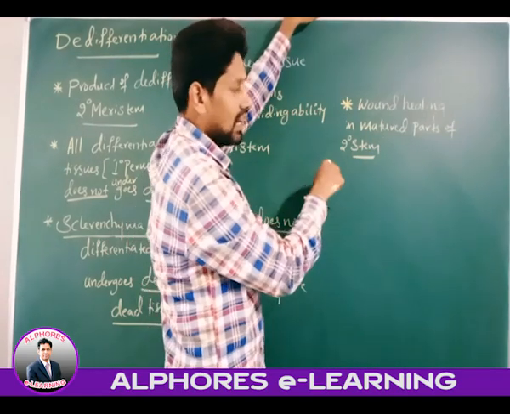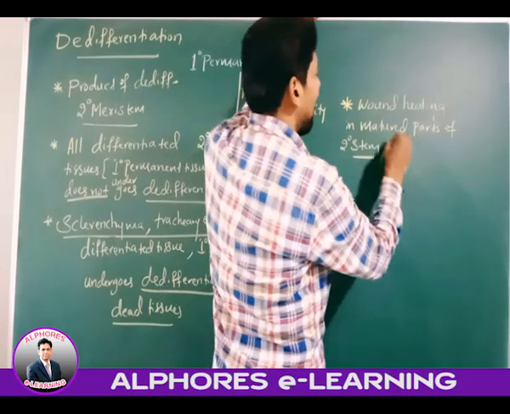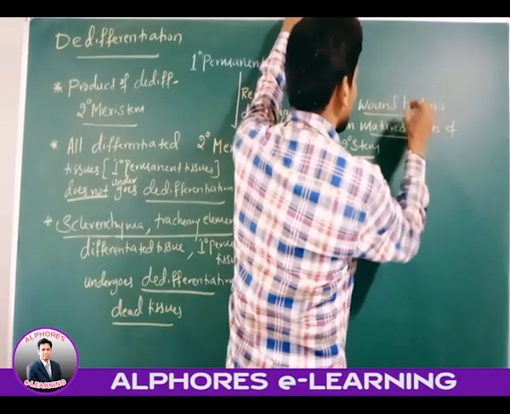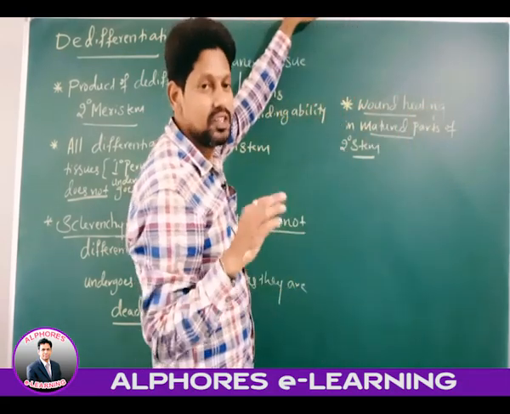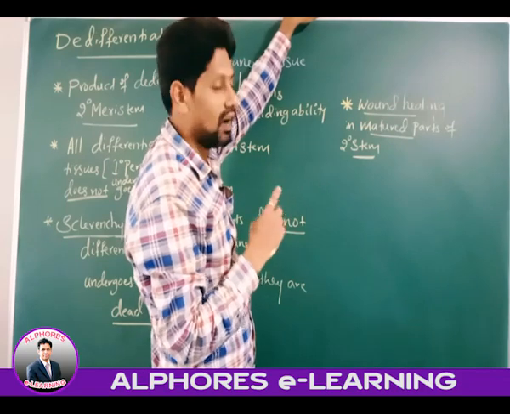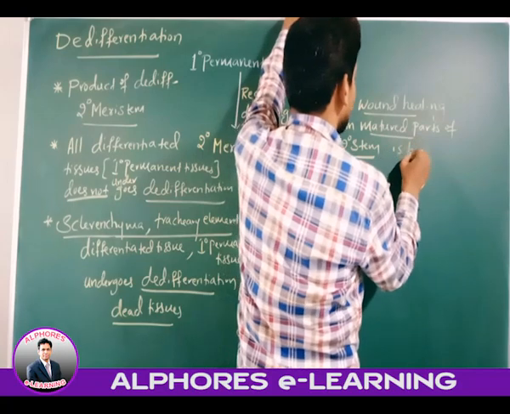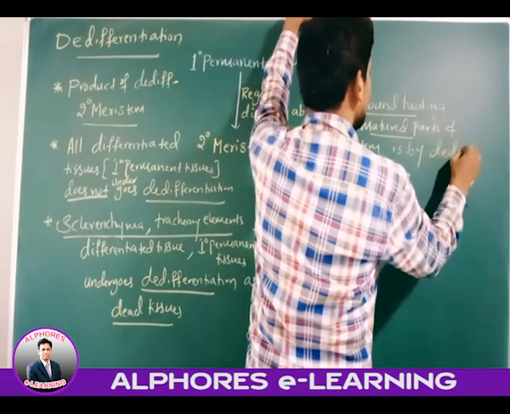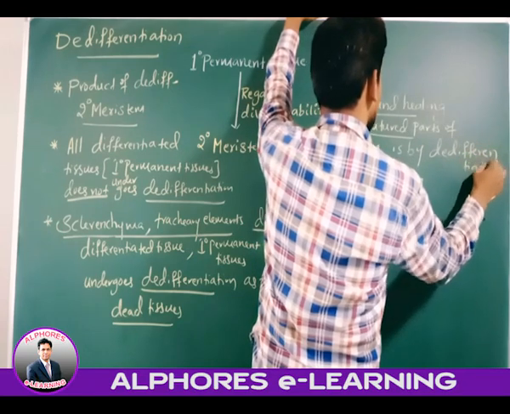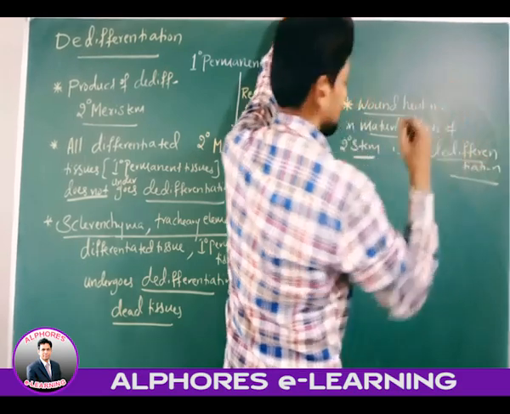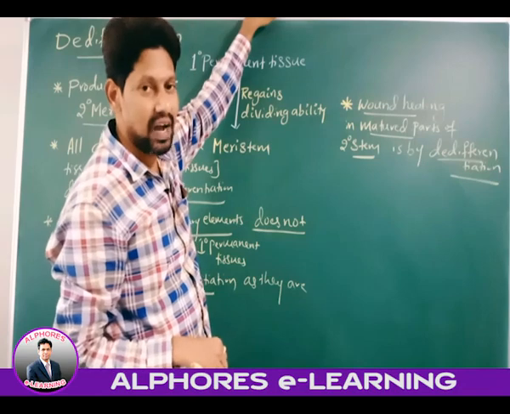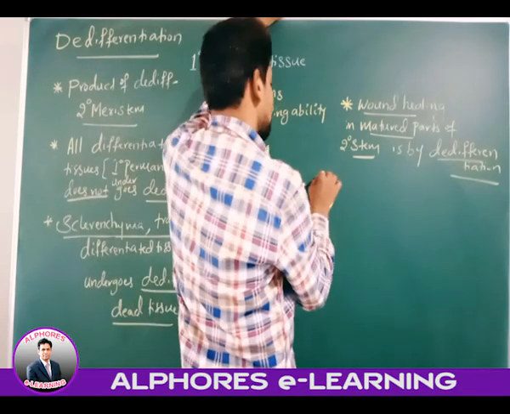If it undergoes secondary growth, the part becomes woody. In those woody parts of a plant, wound healing is taking place by dedifferentiation process. Therefore, wound healing in matured parts of secondary stem is by dedifferentiation process. Is this statement okay?